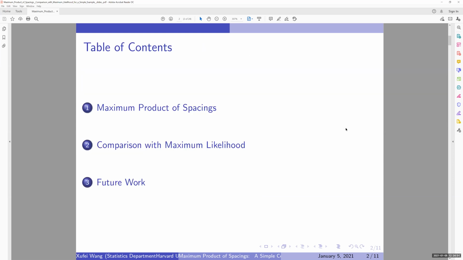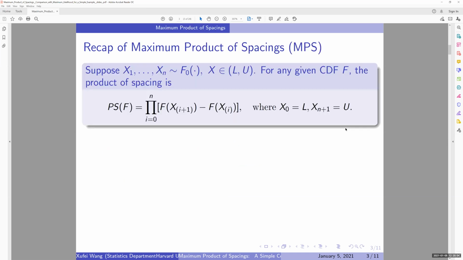Shirley has made a good review of the application part of this maximum product of spacing. So I will recap what this maximum product of spacing is in a more mathematical form.